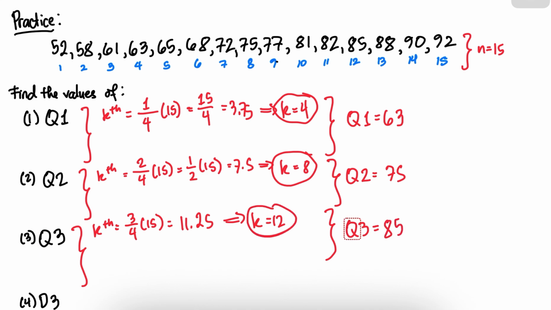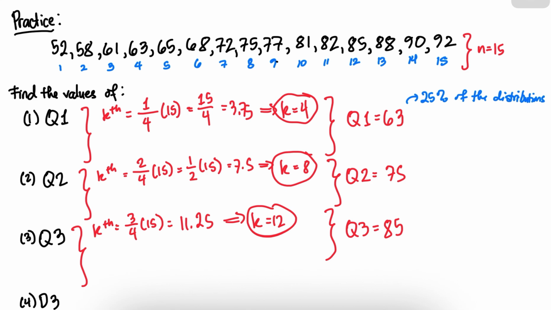Before we proceed to the next portion, you need to understand that we need to give some interpretations with our quartiles. So to start off with our Q1, since this is the first quartile and we're dividing the distribution into 4 equal parts, how would we interpret this? We would say that 25% of the distribution, if these are students, you can say 25% of the students, if these are participants, whatever this is.